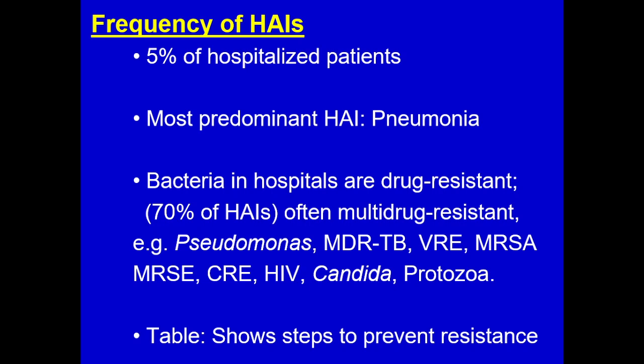VRE, vancomycin resistant enterococci, is a special entity. Vancomycin is one of the drugs that is spared for emergencies, for resistant microbes. Some microbes become MRSA, methicillin resistant Staph aureus, which is a problem.